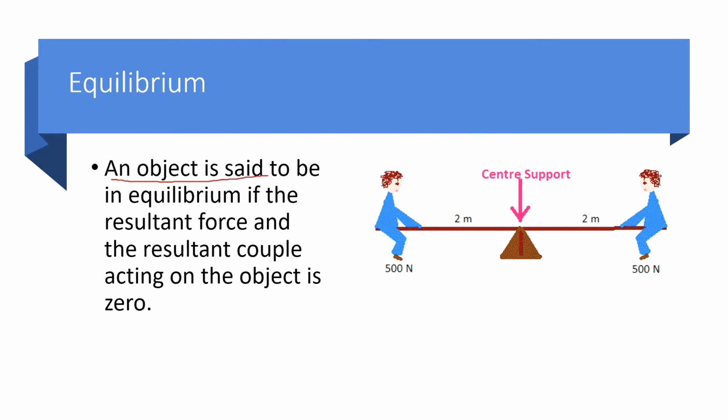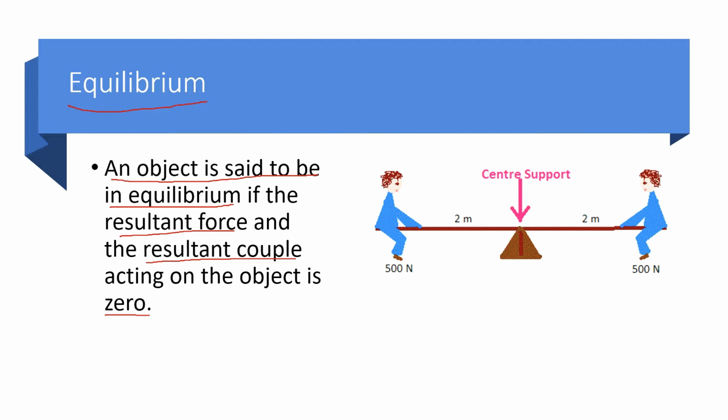An object is said to be in equilibrium if the resultant force and the resultant couple acting on that object are zero. When the total force and total couple acting on the object are zero, we can say that there is no unbalanced force or unbalanced moment or couple in the body. Then we can say that the body is in equilibrium.